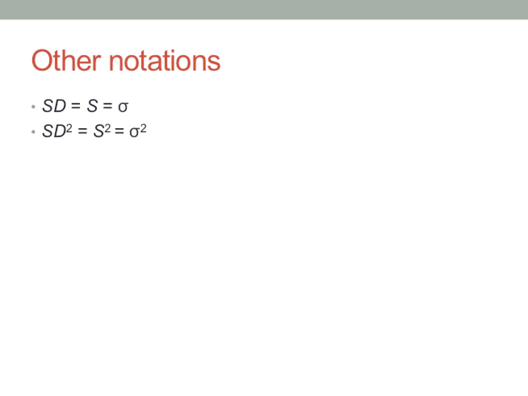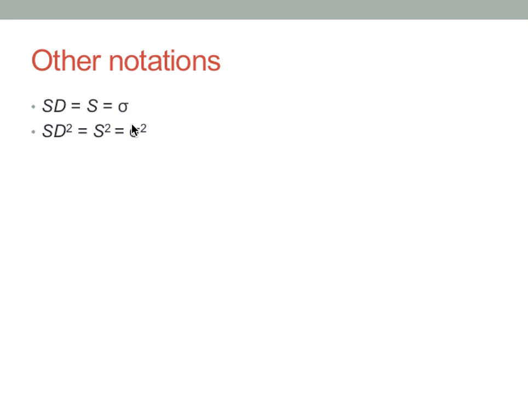However, you will also see, if you look in your book, if you look for help, there will be other notations. So SD, standard deviation, is also just italicized capital S. So S is equal to standard deviation. And also this sigma is standard deviation, whereas this S squared is variance, this sigma squared is variance.